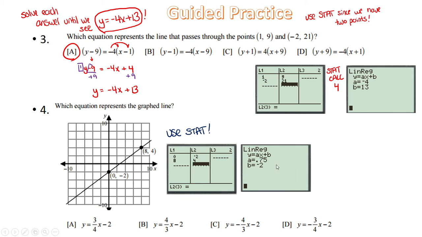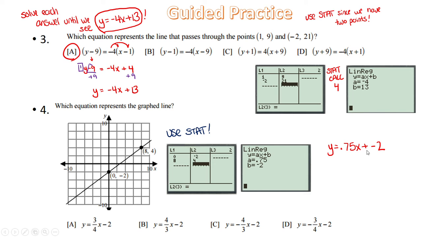Now, I have a slope of 0.75. None of my answers are in decimal format, so I would need to convert 0.75 into a fraction. Also, what I have is a negative number for b. Now, look at what you're maybe tempted to write.